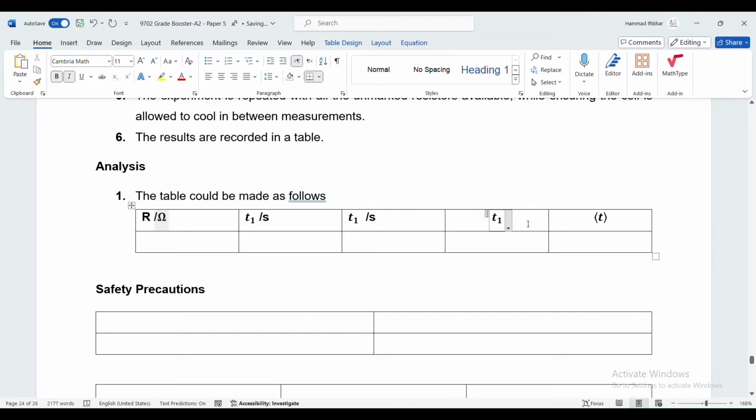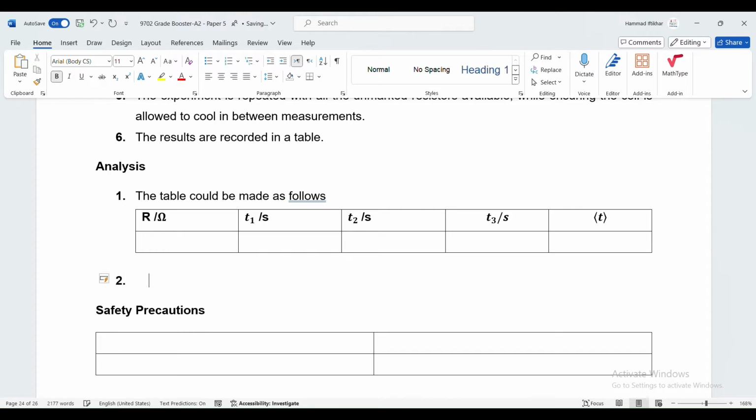So this is T3 per second. This is T2 per second and T1, right. So this is the average of each particular experiment.